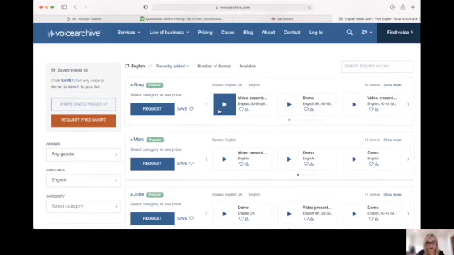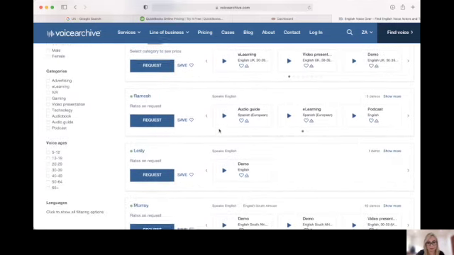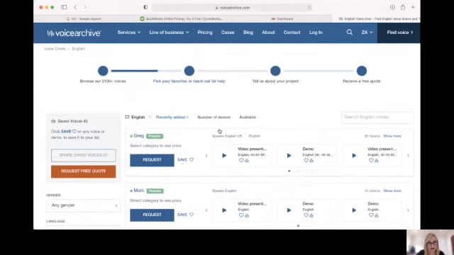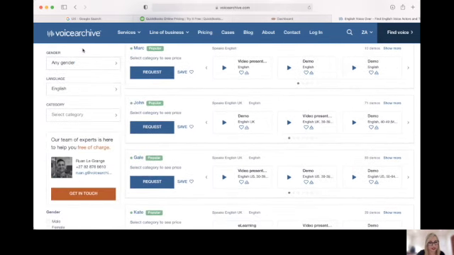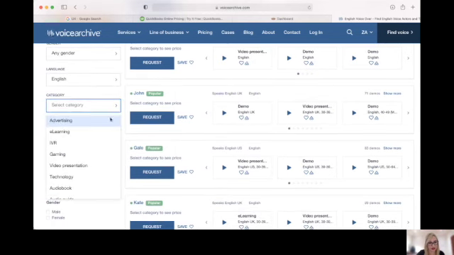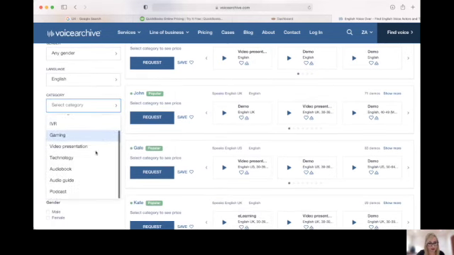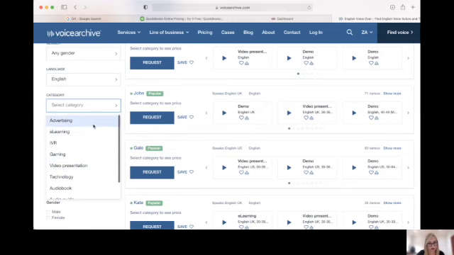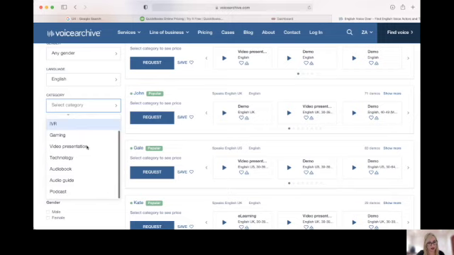So lots of them, obviously. So here you'll see on the left-hand side, you can choose gender, obviously your language, category. Under category, there's lots of different ones depending on, so whether it's advertising, e-learning, IVR, gaming, video representation, technology, audiobook, audio guide, and podcast.